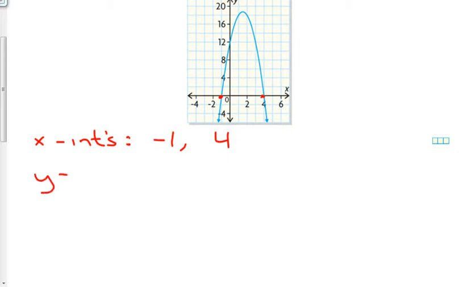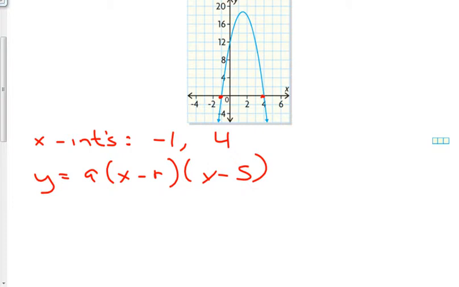So I'm going to write the formula for a factored form of a parabola. y is equal to a, some constant, times our roots. Our roots are x minus r and x minus s. So we've located the x-intercepts, and now we're going to use them to determine the zeros of the function.